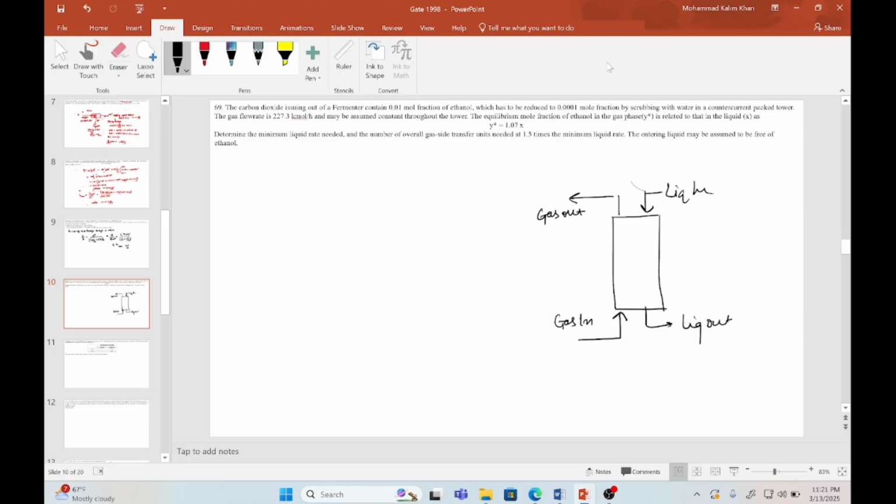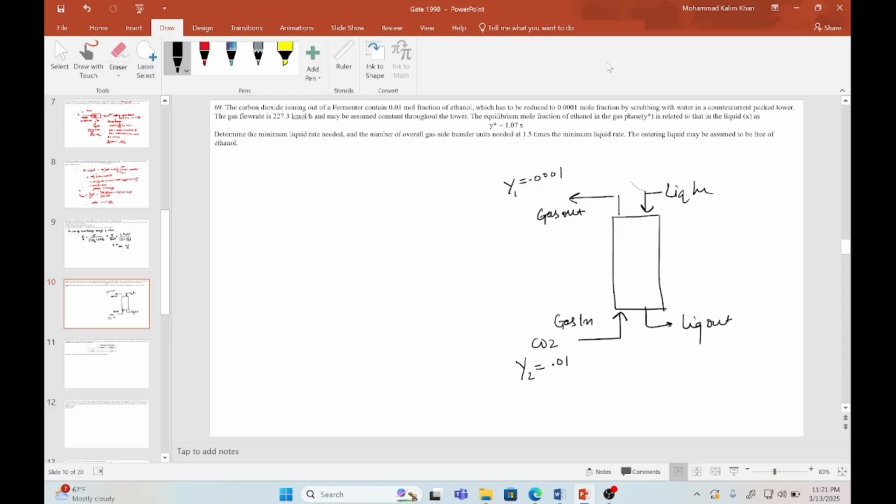Okay, so very first thing, carbon dioxide CO2 is the gas and the entering mole fraction is given, that means capital Y2 is 0.01, which has to be reduced to 0.0001.